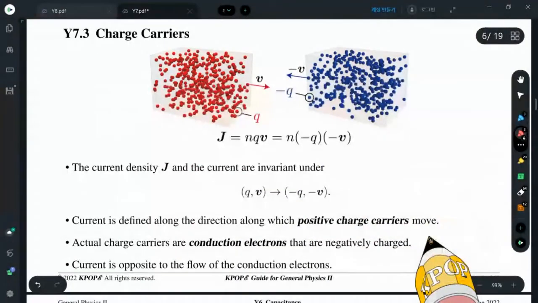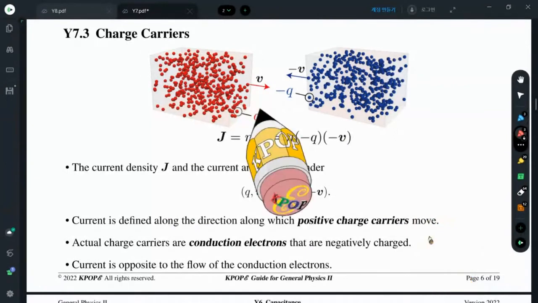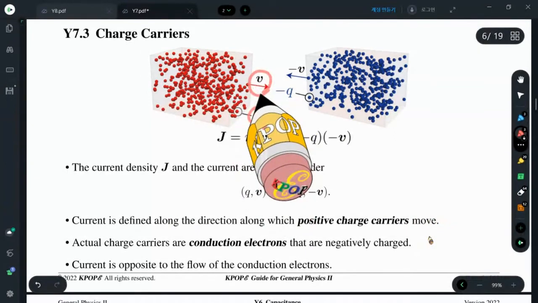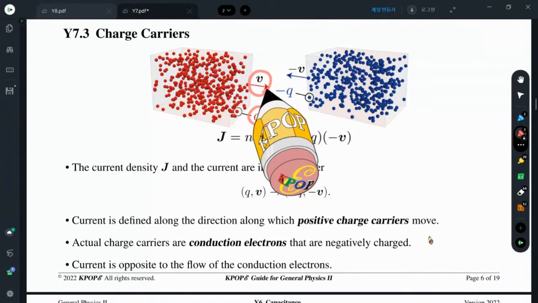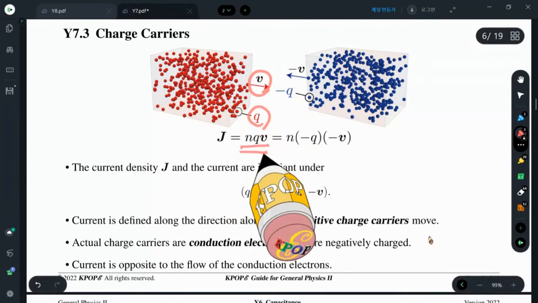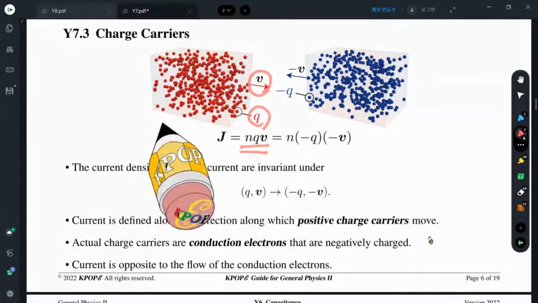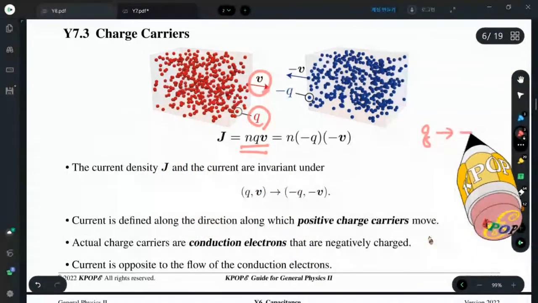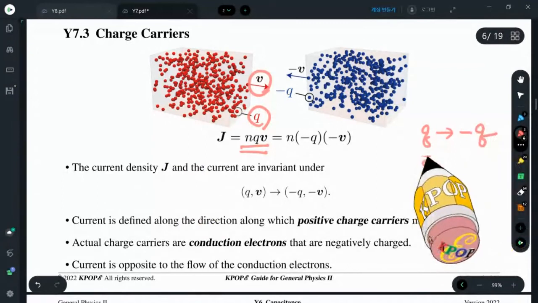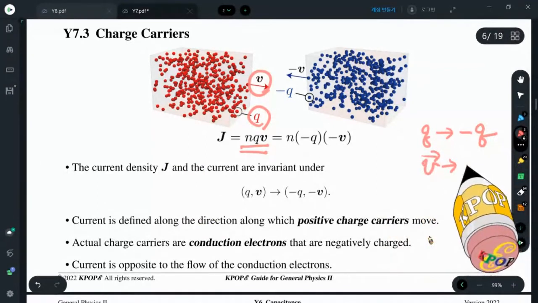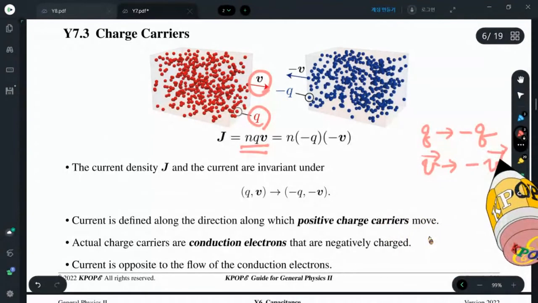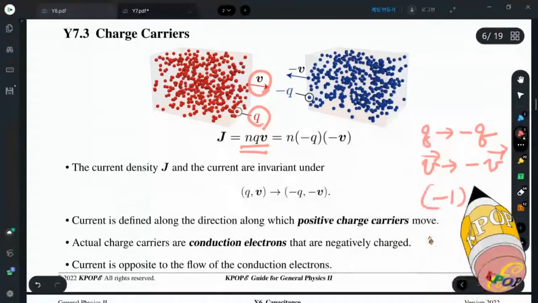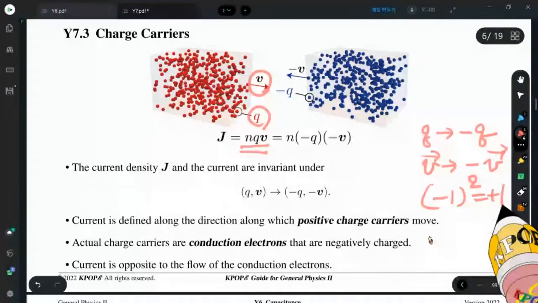Charge carriers. If we have a charge q moving along a direction with the velocity v, it will produce the current density nqv. Consider a very similar situation, except that charge q is replaced with minus q, and the velocity of each charged particle is replaced with minus v. Then we have minus 1 squared, that is plus 1.